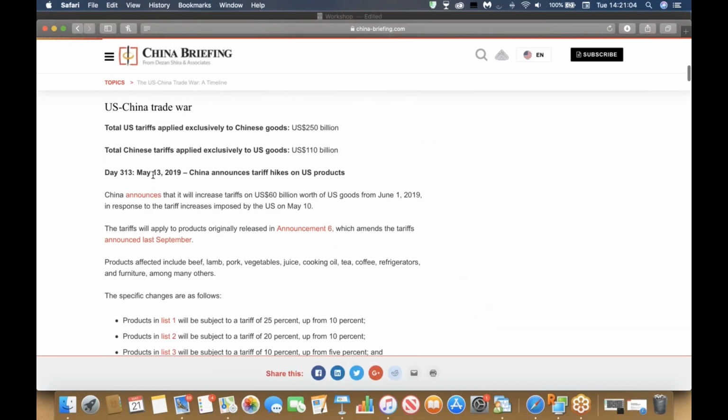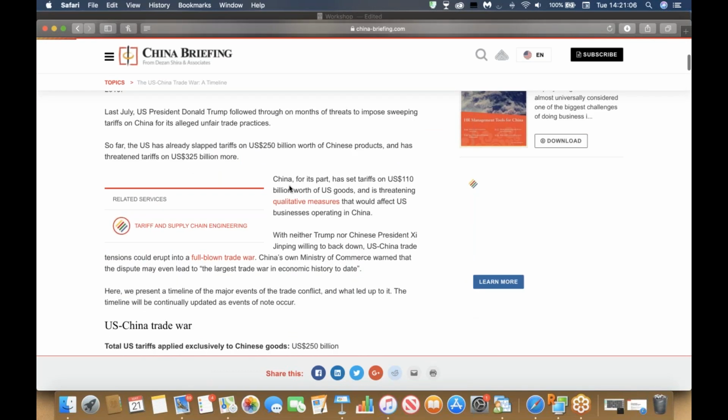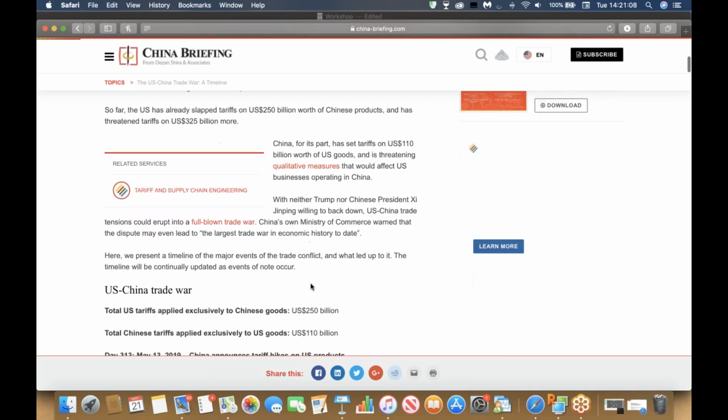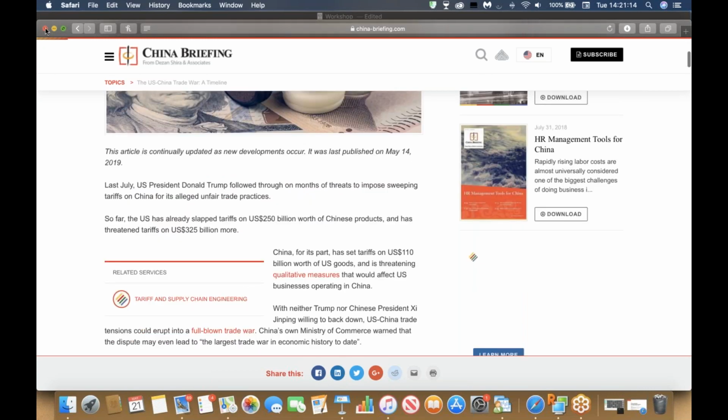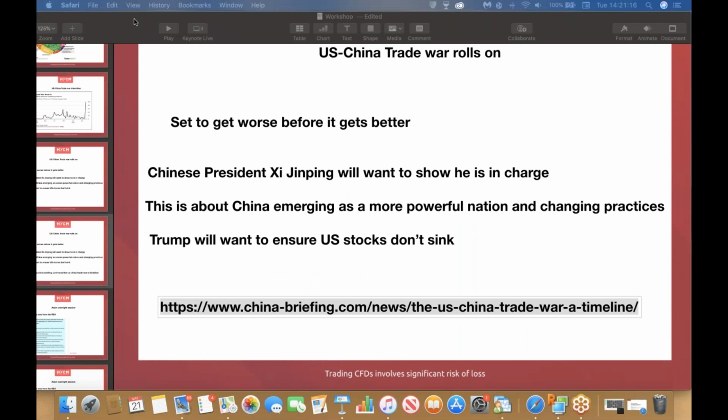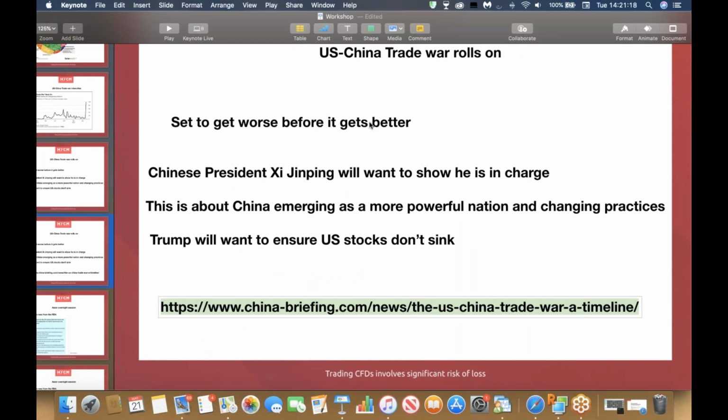It's updated as the trade war goes along, so you can just use that and keep an eye on it. You can always check whether you've missed something and see what the latest is. So that's a little resource. It's quite helpful, particularly as this is such a focus of the market.